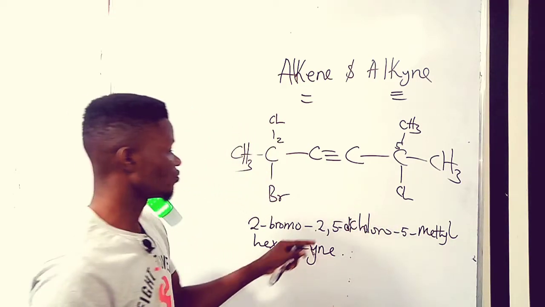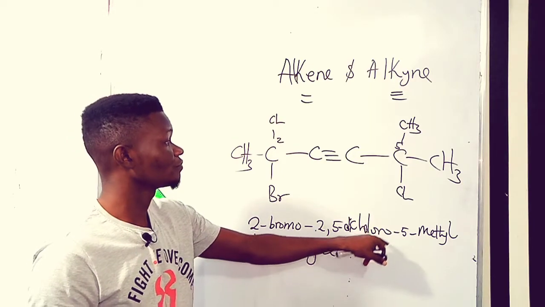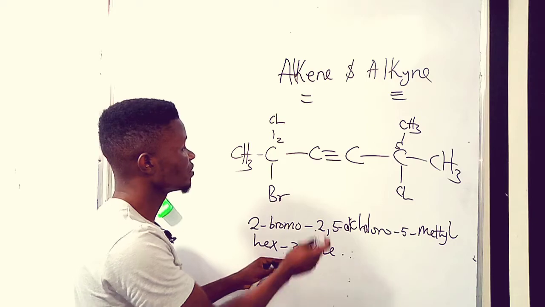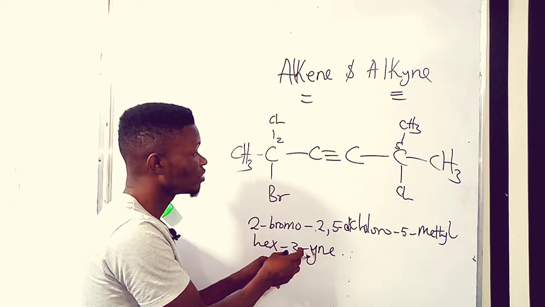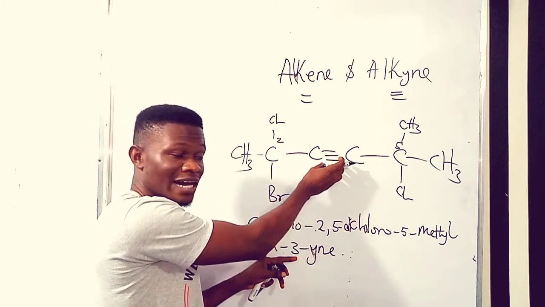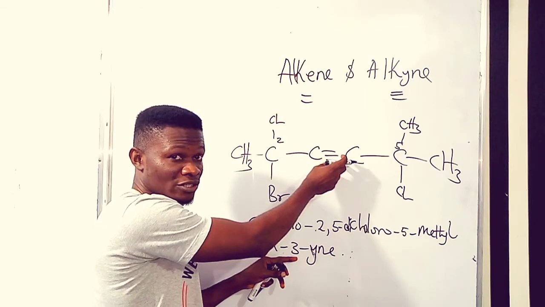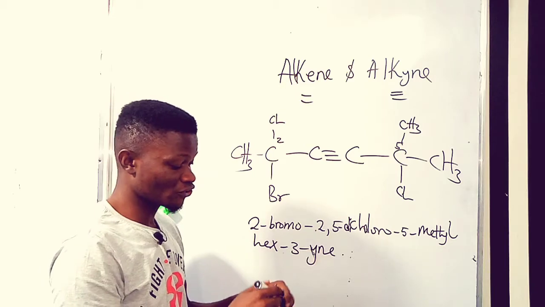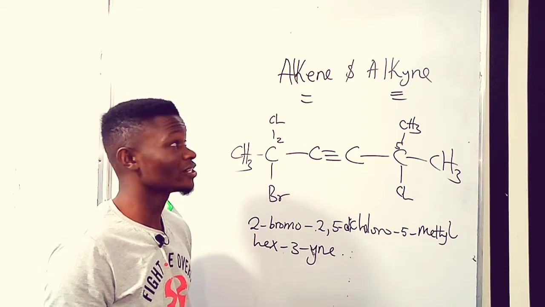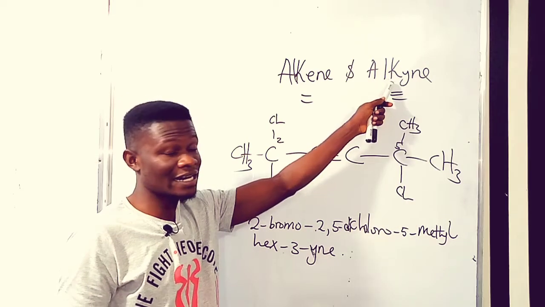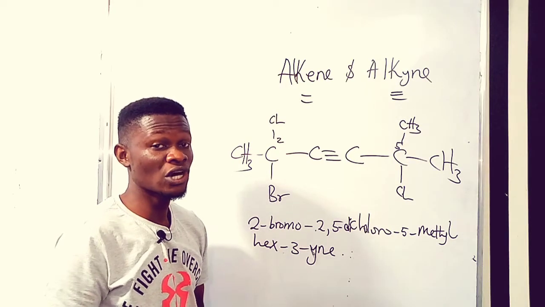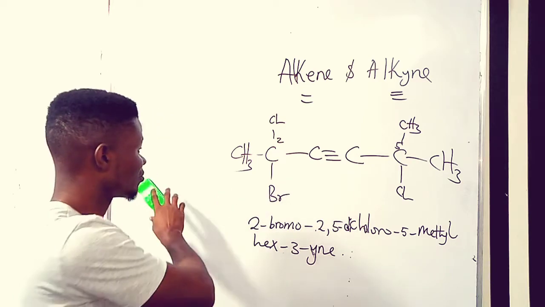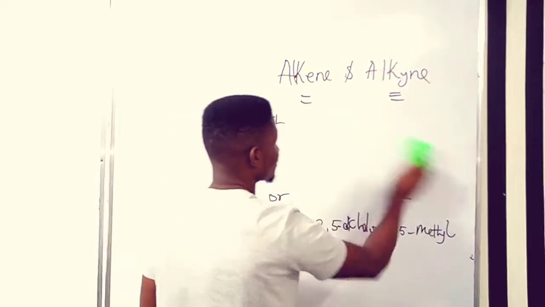That will be 2,5-dichloro, 5-methyl, hex-3-yne. Hex-3-yne simply means that the triple bond is at the 3rd carbon atom, the position number 3. The yne, that is a suffix name. We give it the parent's name. It is telling us that you are dealing with what? Alkyne. That is a triple bond, which is what? Unsaturated what? Hydrocarbon.